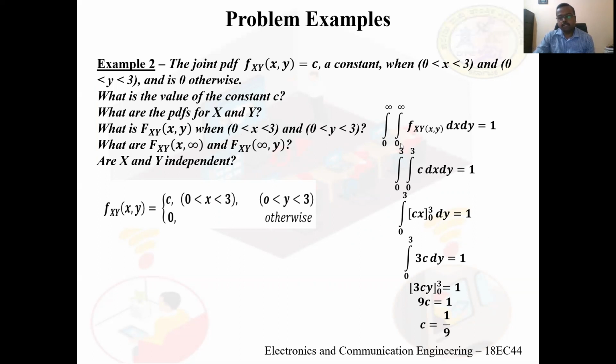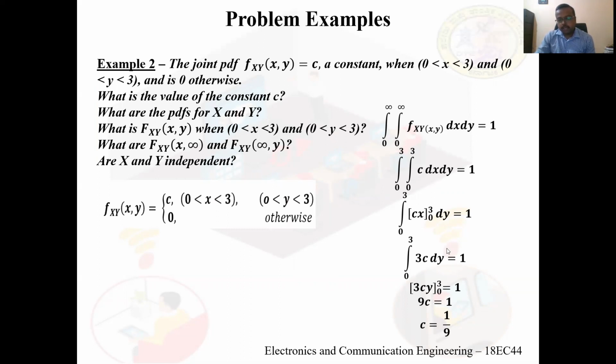Now evaluate this double integration. What do you get? This is the integral of c x with limits 0 to 3, dy is equal to 1, so x takes the value of 3. 3c dy, integration 0 to 3, this is equal to 1.